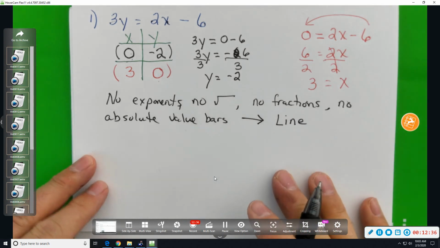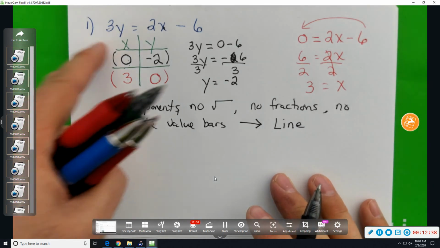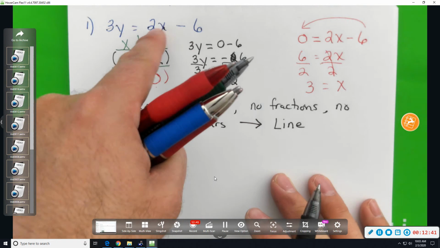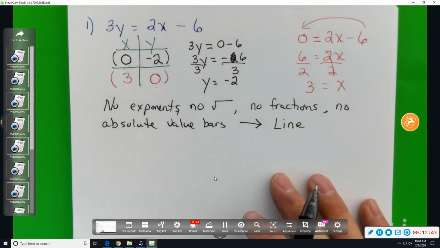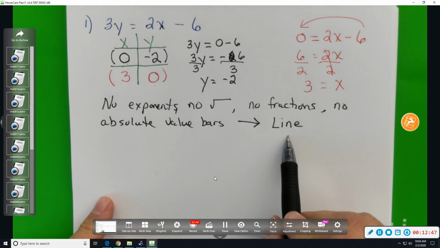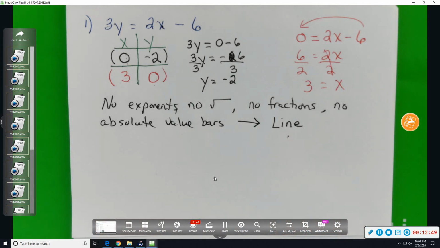Our equation, there's no exponents in here. There's no square root symbols or absolute value bars or fractions. It's a line. So we're going to have to choose the line tool.